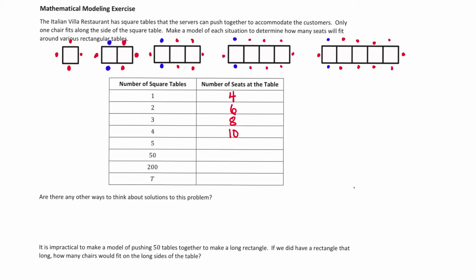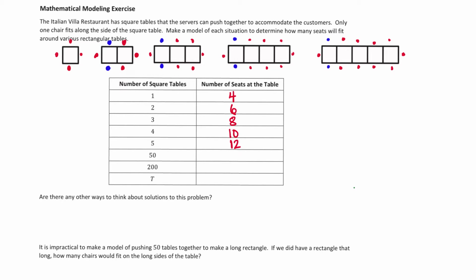So hopefully you can see here that for 5 squares, we can accommodate 2, 4, 6, 8, 10, and 2 more. Makes it 12 seats. That will work for 12 people. And you can see the pattern.